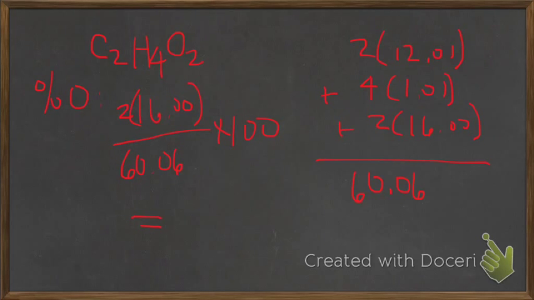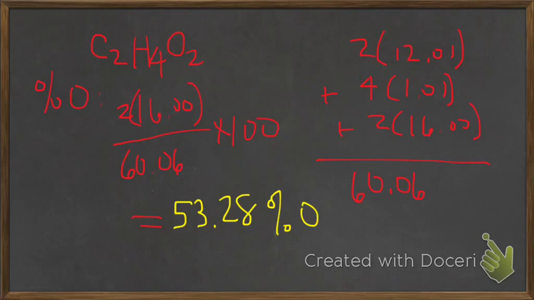You only multiply by 100 to make it a percent. And you get 53.28% oxygen.